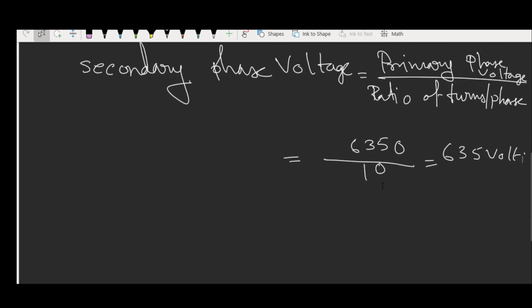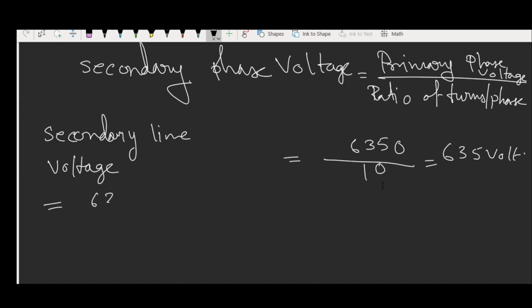Now when secondary is in star, so secondary line voltage would be how much? Basically I am doing this problem just to quickly recap our lesson on three-phase connection. So secondary voltage would be something like this.